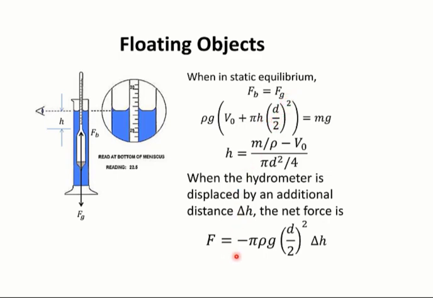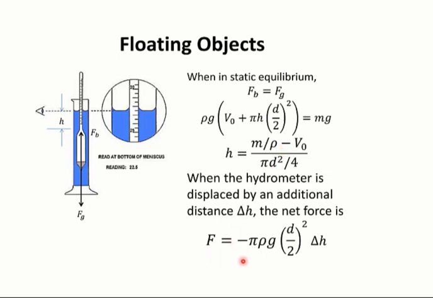Okay, so that is that extra force. That minus sign indicates that this force will act in the upward direction, which is opposite to the direction where we pushed the object to, like the downward direction here.